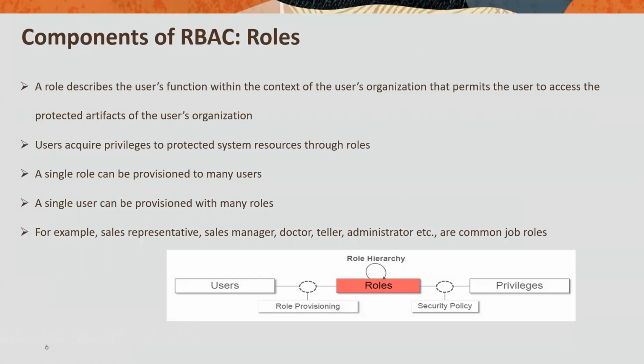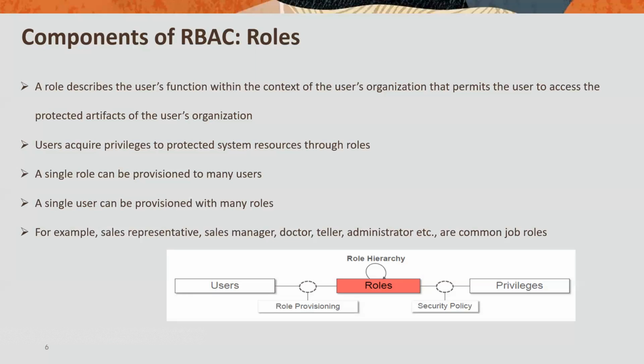So if we create a sales manager role, by default we can inherit the sales representative role in the sales manager role. And if he is doing more than one job, definitely we can assign all those roles in a hierarchy. And then we can just call it a sales manager.